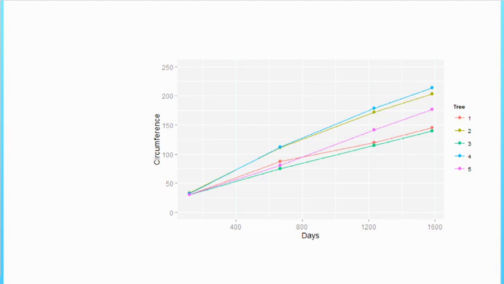And each tree has a colour so that I can follow it along to see how it grows over time. At the moment I can see that all my trees grow, they get wider over time, but they're not always in the same place relative to each other. Tree number 1 and tree number 5, for example, the red one and the pink one, switch over in the middle.